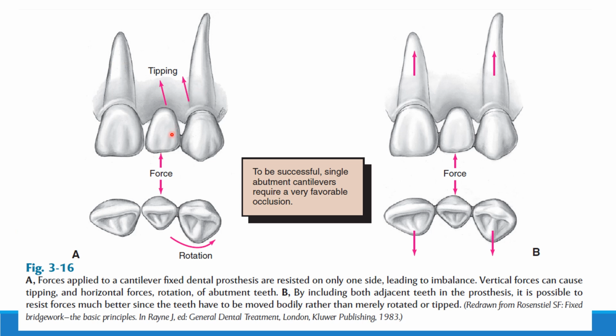You can see that when replacing a lateral, there is tipping because this is a cantilever, and because of that, rotation is there when the force is applied. However, when it's splinted to both sides, the forces are less. So a successful single abutment cantilever requires very favorable occlusion.